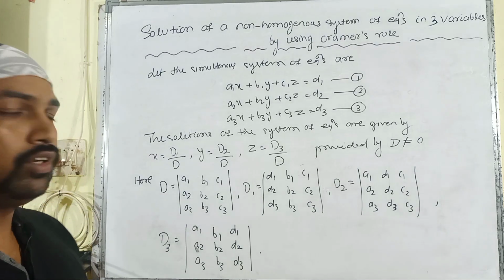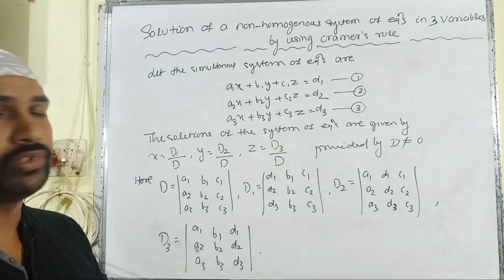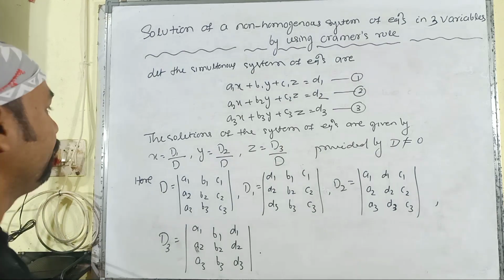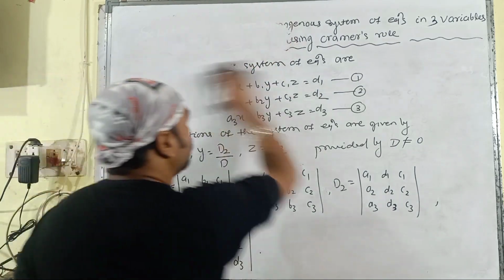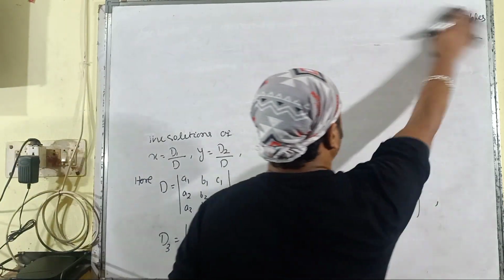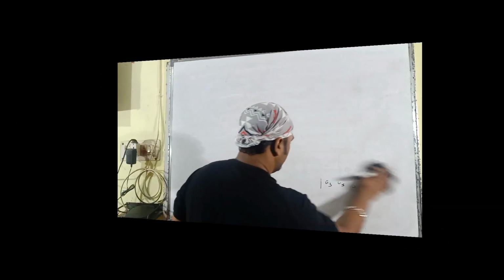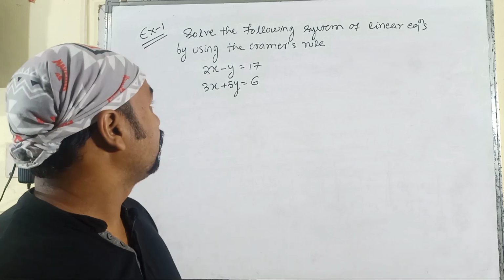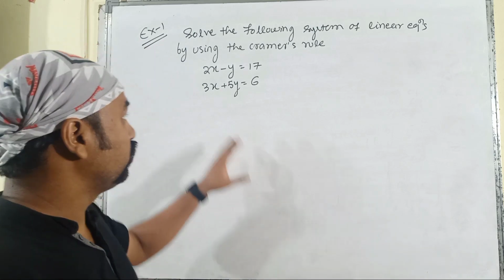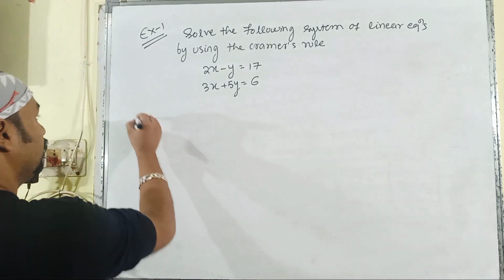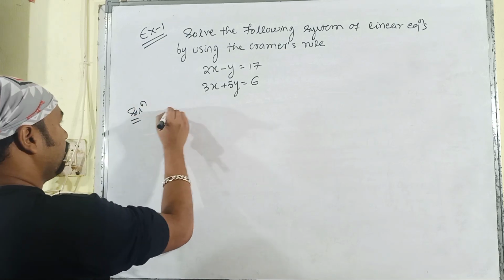Now it is the time to solve some problems based upon Cramer's rule. Here is the first example, and it is of two variables. Let us go through the solution part.